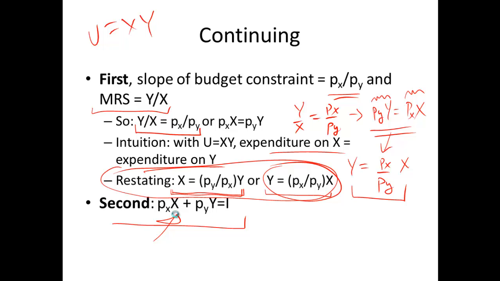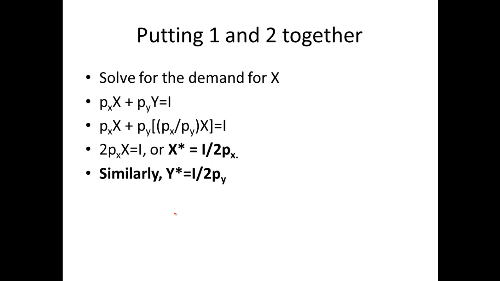Let me show you. Putting 1 and 2 together, we write this expression for the budget constraint, and now let's substitute in for y. Remember, what we said on the last slide was that y equals px over py times x. So if we substitute that in for y here, we get this equation right here.